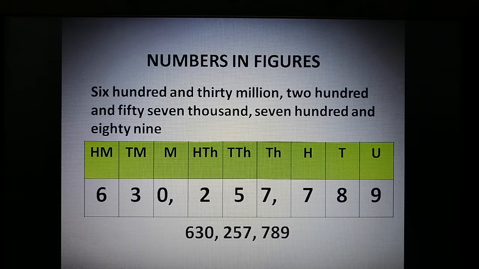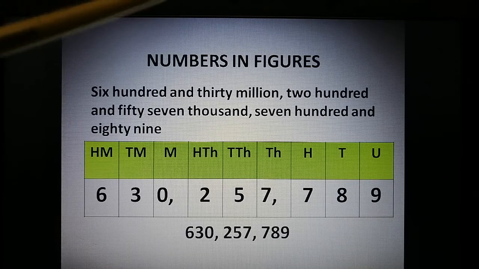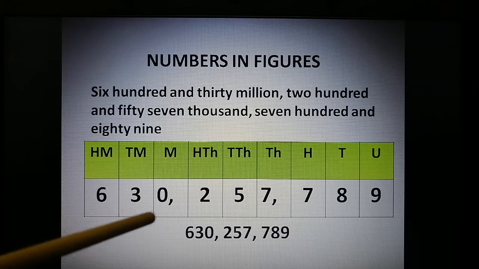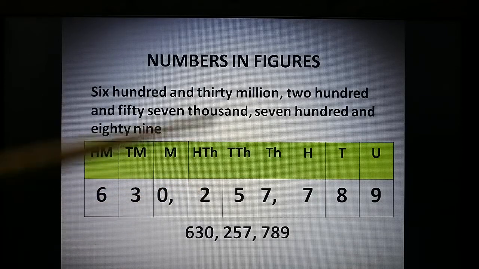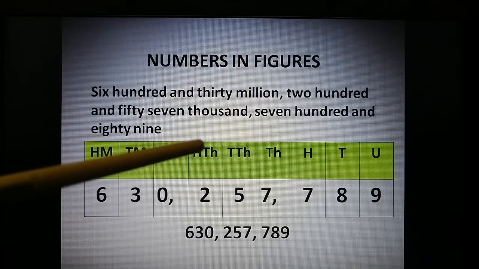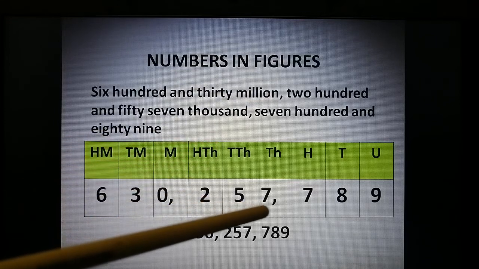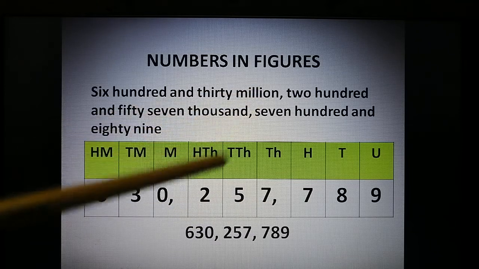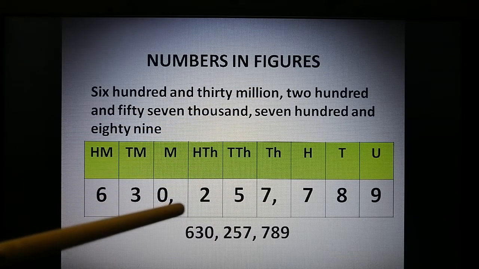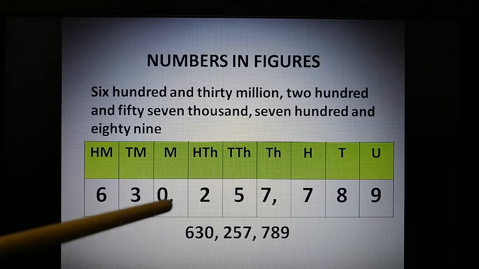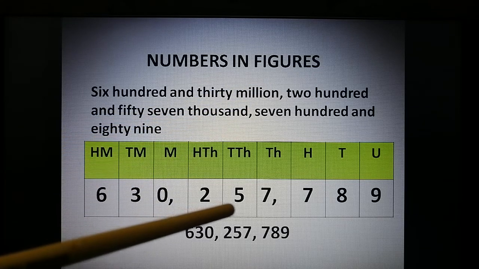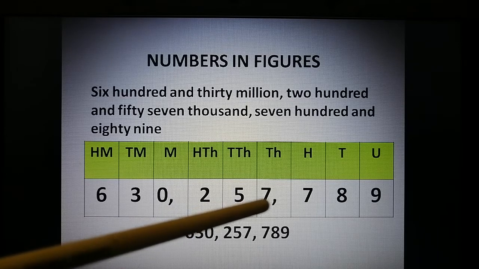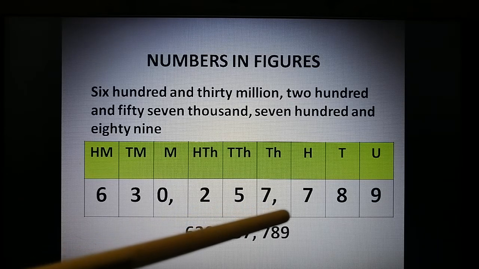Fine. And then 630, comma and space also. 257,000 means comma, like this. Million means comma. Understand? You remember that? 630 million means comma and space. 257,000 means comma and space.